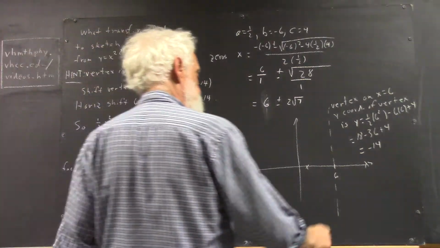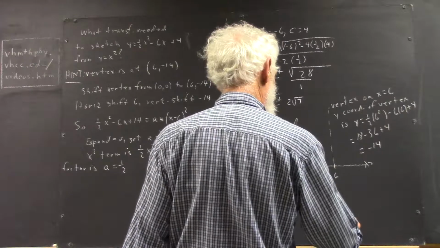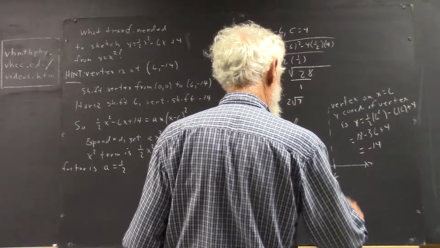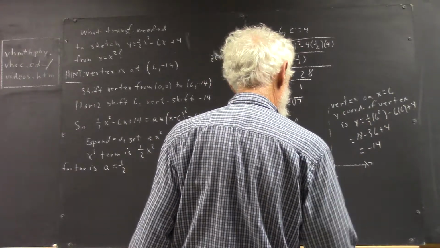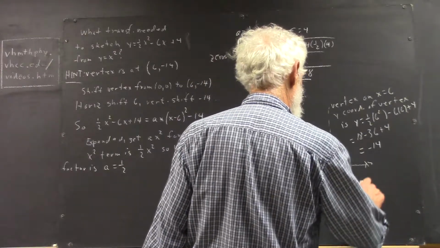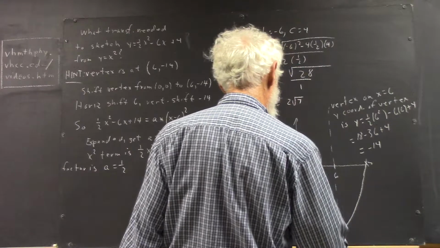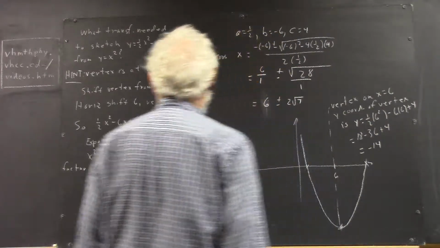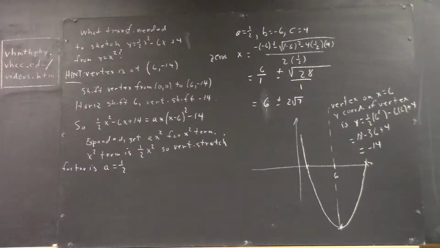Okay, so the vertex is down here at, if that's 6, well, -14 is not quite this far down, but we'll just draw it as if it is. So, here's our graph. Not a particularly well-drawn graph.